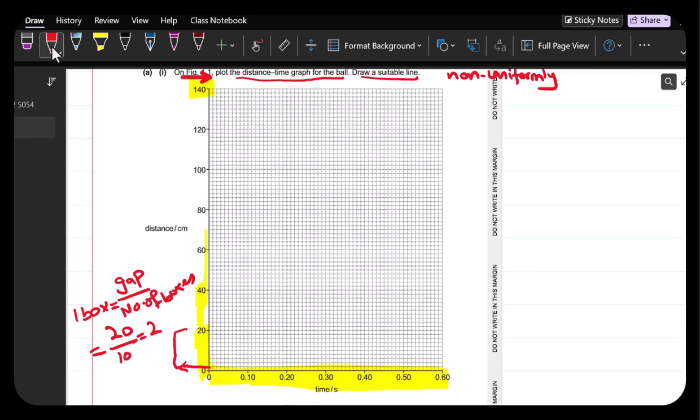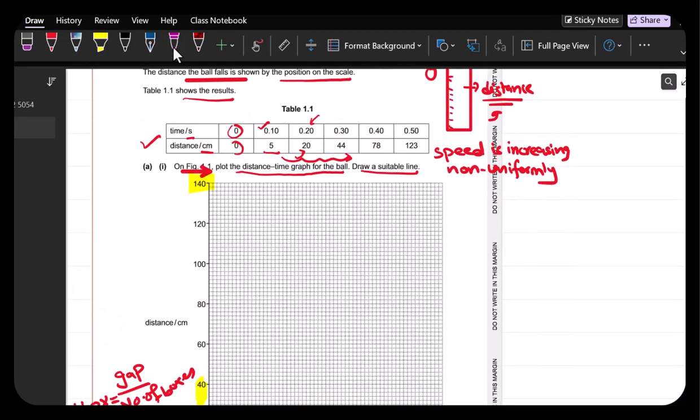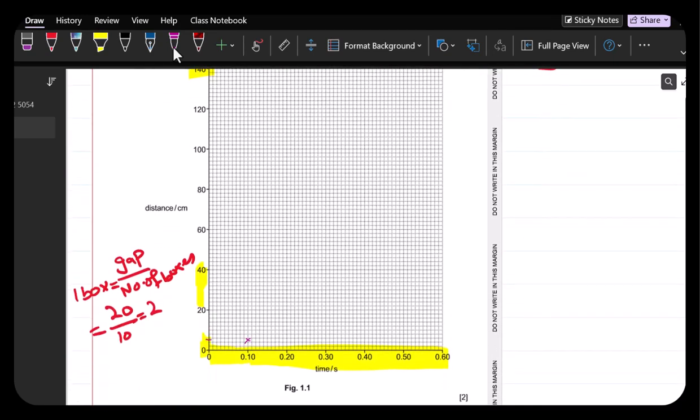Means one small box is representing 2. So where is going to be 5? It will be 2, 3, 4, and it is somewhere here. And then we have another value. This point is going to be here. Then for 0.2, the distance is 20. So this point will be somewhere here.